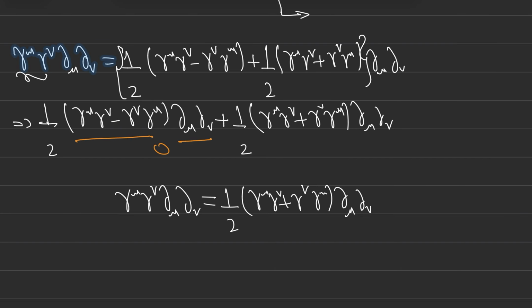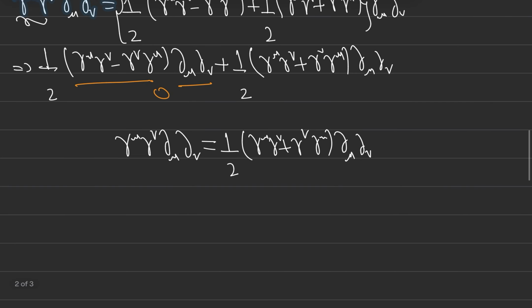Okay, so this is equal to, the way that we took it from above, gamma mu, partial mu squared.